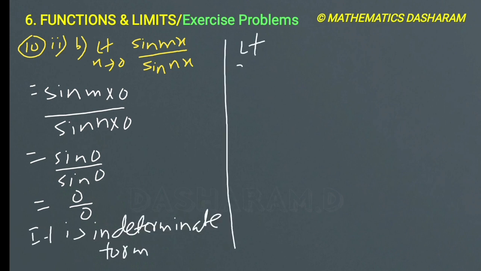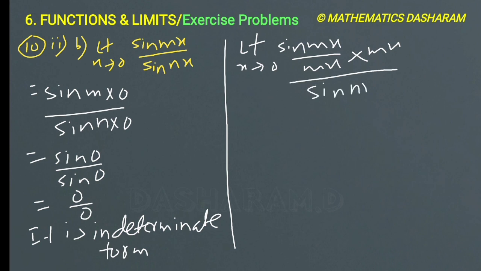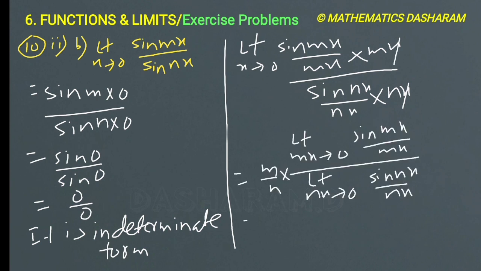Then limit x tends to 0, sine mx by mx into mx divided by sine nx by nx into nx. Here x cancels. So m by n into 1 for the numerator by the sine theta by theta formula, and 1 for the denominator, equals m by n.